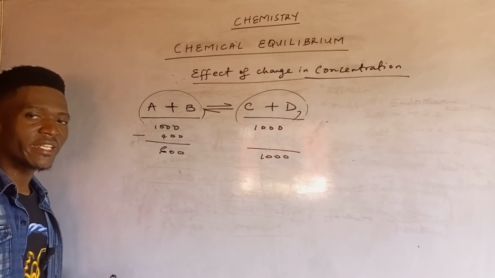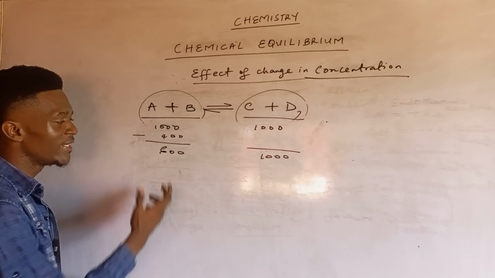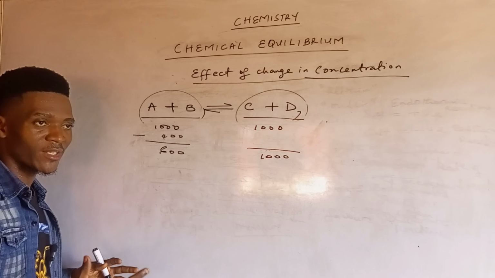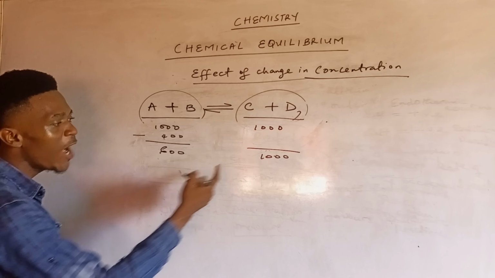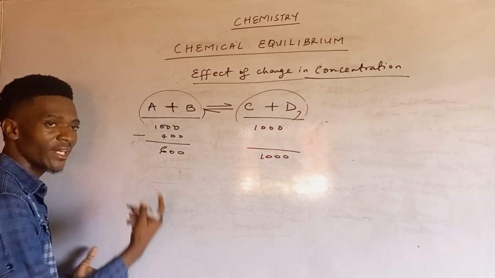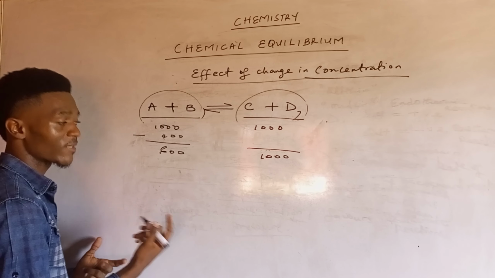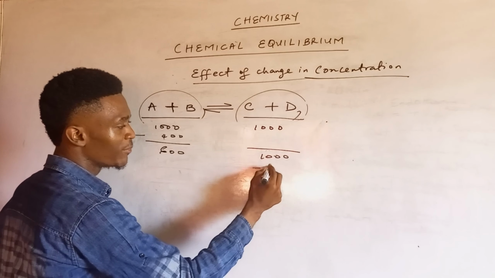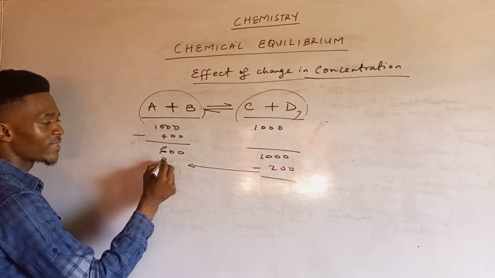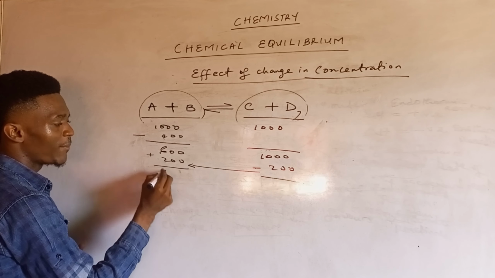So for the system to regain equilibrium, this part must shift some part to this in order to regain balance. How many units from here should be shifted to this part in order to regain equilibrium? It's obvious that it's 200. So if I remove 200 from here and shift this 200 to this part, this becomes 800.